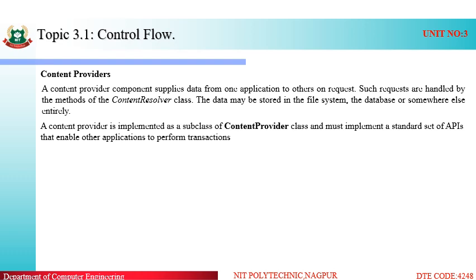The content or data may be stored in a file system, database, or somewhere else. The content provider is implemented by a subclass of the ContentProvider class and must implement a standard set of APIs. API means application programming interface.